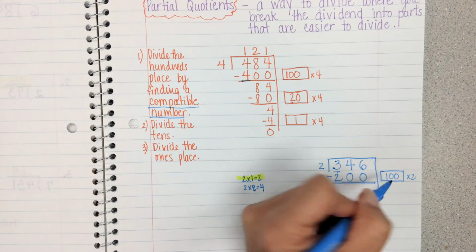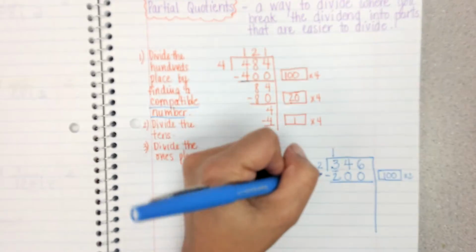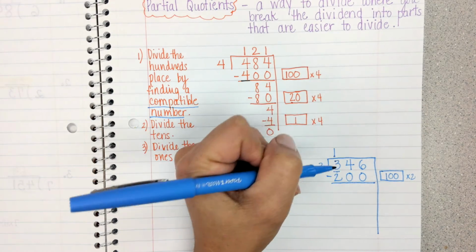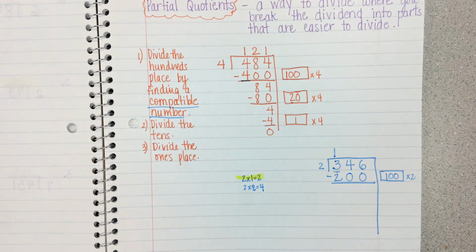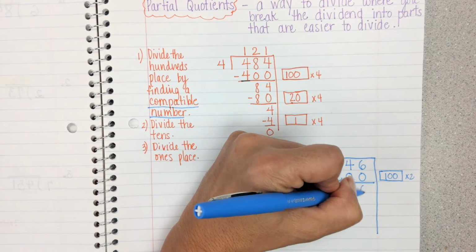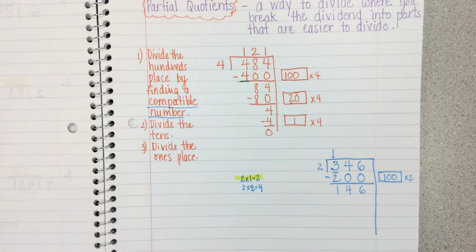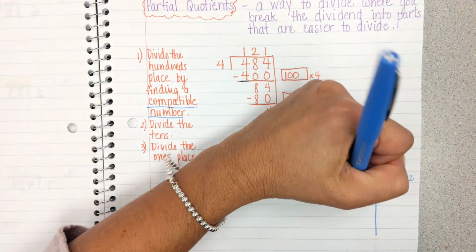So 1 in the hundreds place, 2 times 100 equals 200, and your next step is to subtract. So you subtract the ones place, the tens place, and the hundreds place. All right, now we're going to look at the number 14.